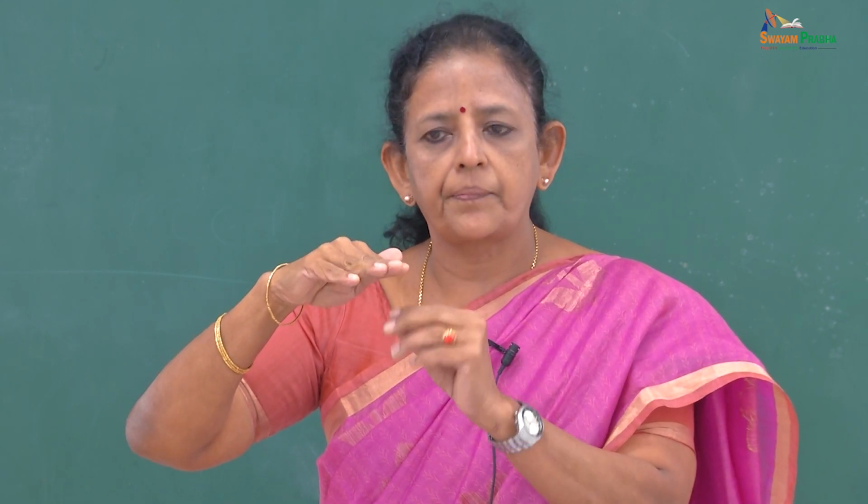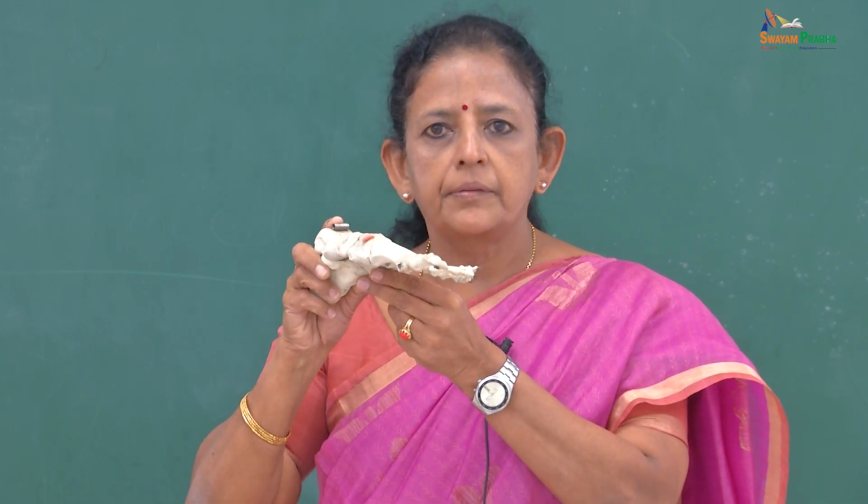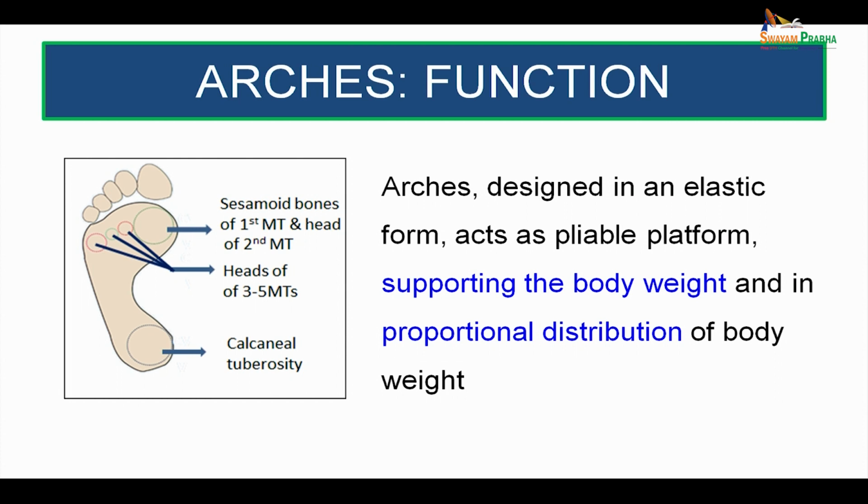Now, looking at the metatarsals, we find arches designed in an elastic form act as a pliable platform supporting the body weight in proportional distribution. The body weight is equally taken up by both the feet. So, in other words, each foot bears half the body weight.